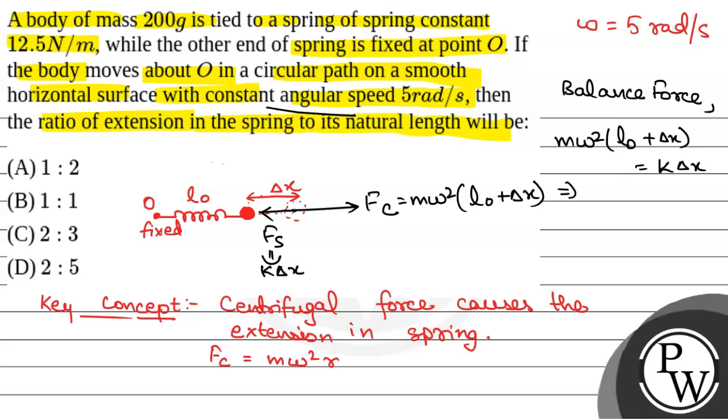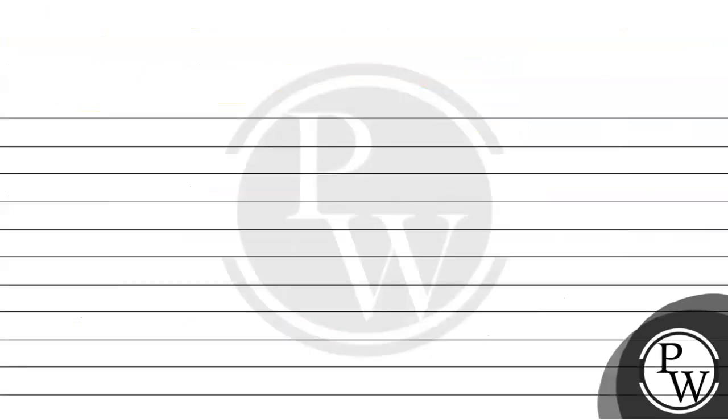From here we will have m omega square L naught plus m omega square delta x is equal to k delta x, or m omega square L naught is equal to k minus m omega square, common multiplied by delta x.